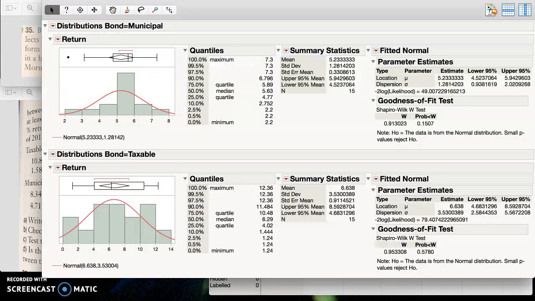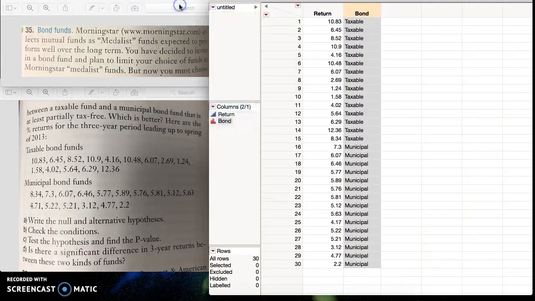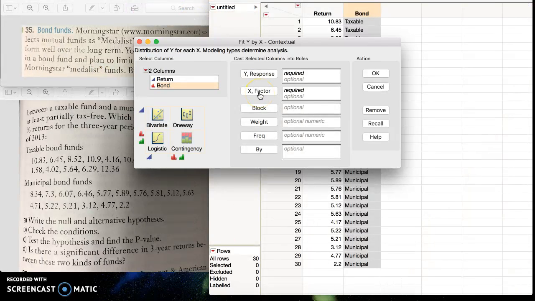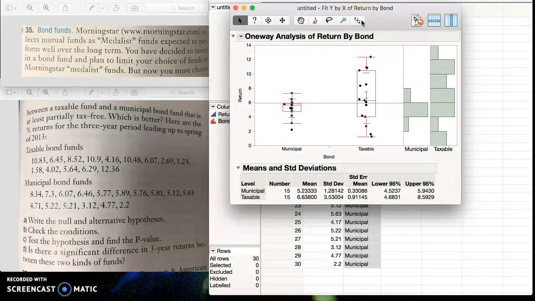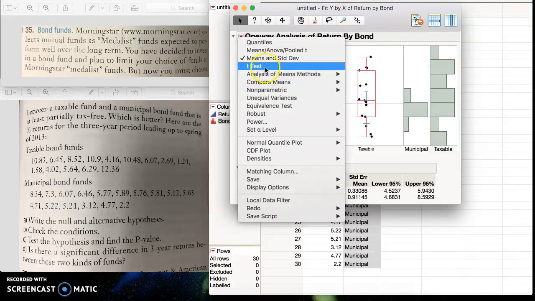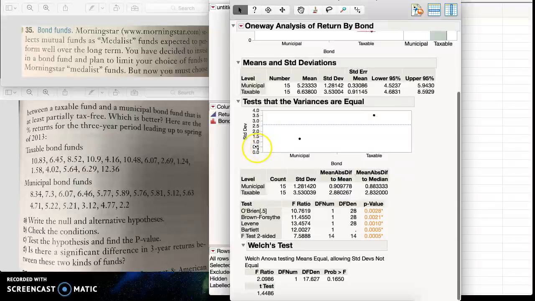So now we're going to look at unequal variances. So what we're going to do is go to our Fit Y by X output, because we already have that. And then we're going to go to the hotspot and click unequal variances, which is right there.